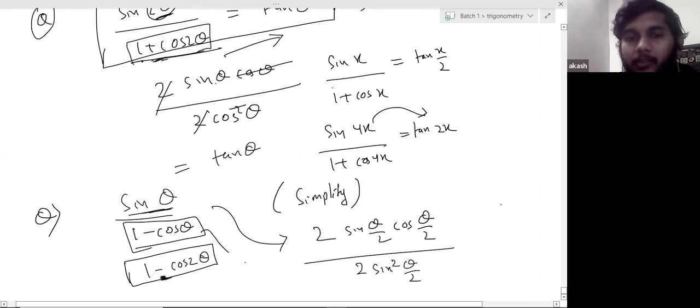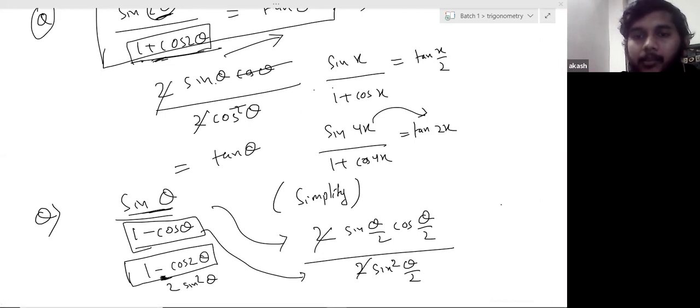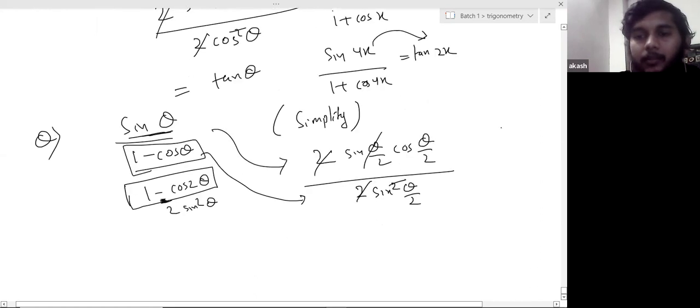So this 2 and 2 is cancelled. Sin theta by 2 and sin theta by 2 is cancelled. So cos theta by 2 upon sin theta by 2 is cot theta by 2. All right. This also you can remember as it is.